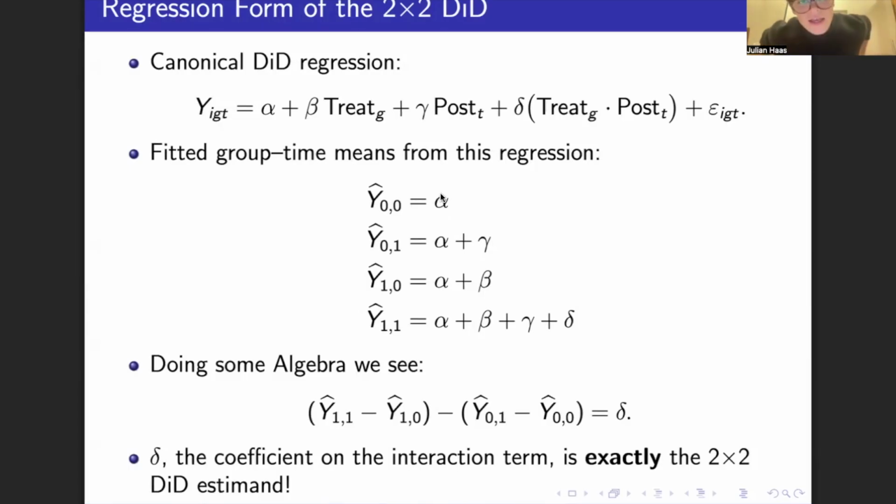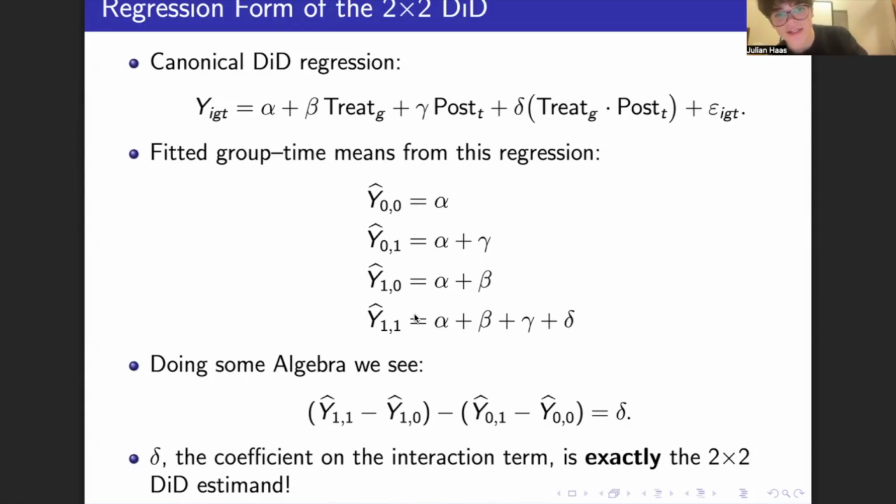This is really just the average outcome in the pre-period for the untreated group. And then, depending on whether you're looking at treatment or post or both, you set these equal to 1.